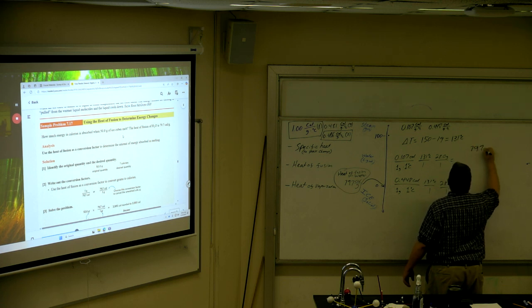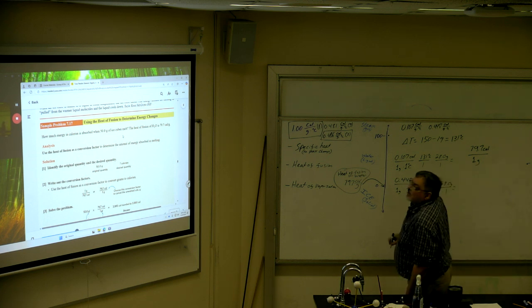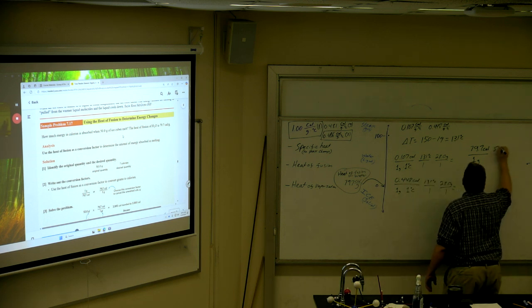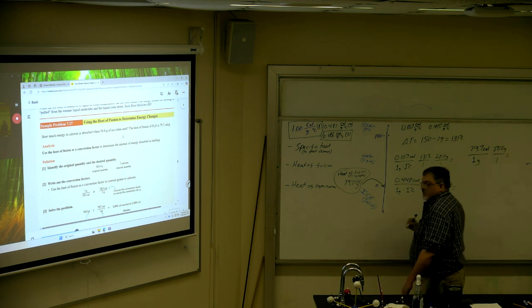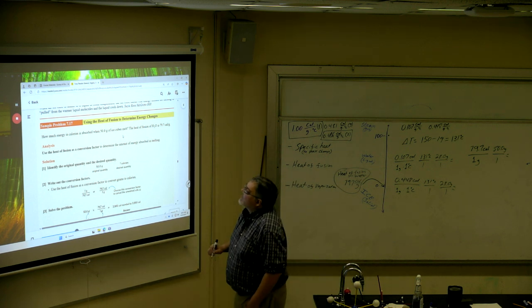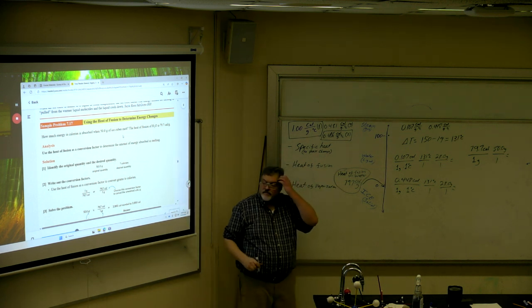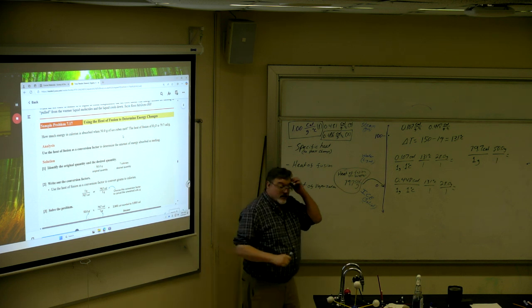For 1 gram, and then I need the grams, 50.0. That'll do it. 79.7 calories per gram. I think they're gonna stay in calories for the fusions.